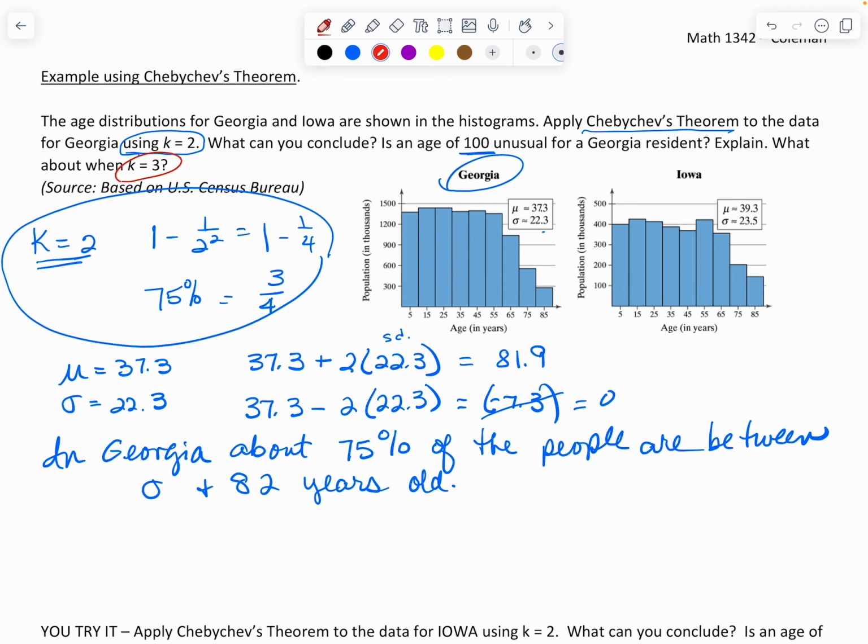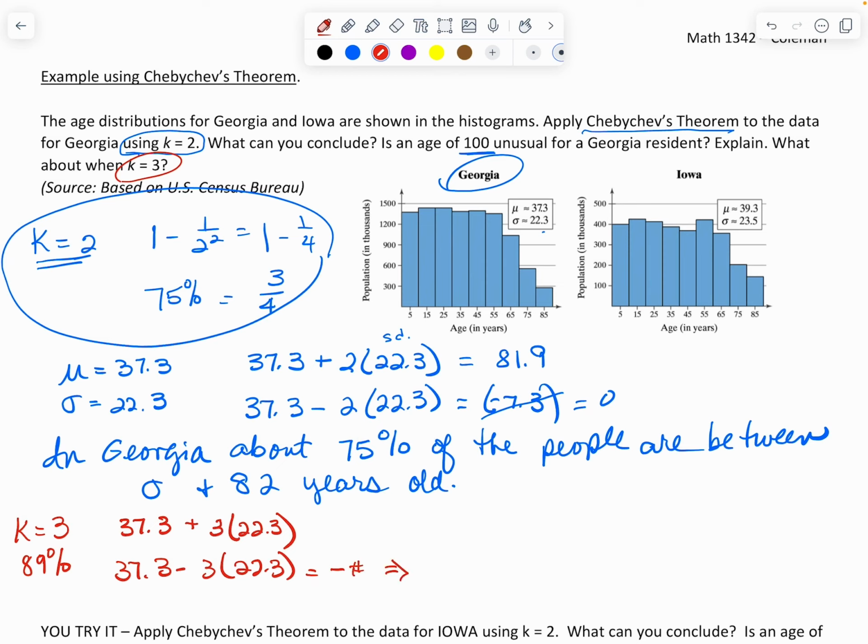If k is 3, which it does right here, k is 3. Remember that 3 means about 89% of the people, according to Chebyshev's rule. So I would do 37.3 plus 3 times 22.3, and 37.3 minus 3 times 22.3.